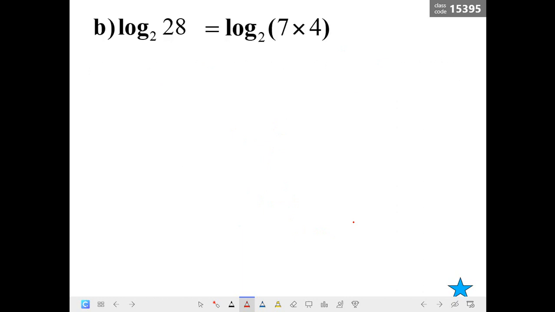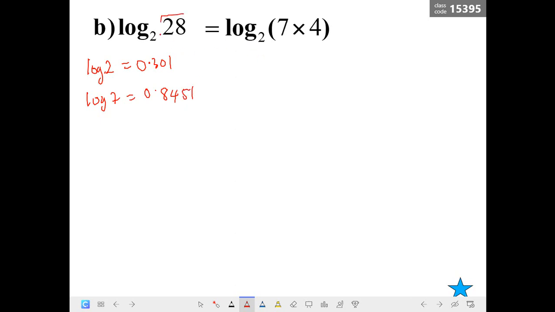Okay, for B, because of the given, log 2 is equal to 0.301, log 7 is equal to 0.8451.